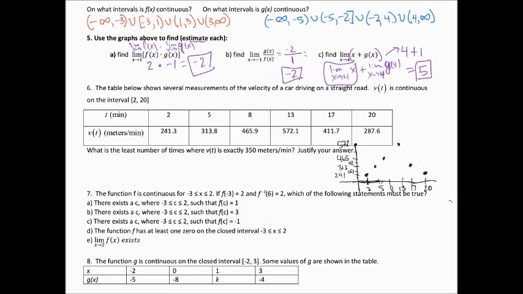Now remember, again, I am connecting these with a curve, because it's continuous. It could go up in between here. I don't have values, but I'm just going to guesstimate that that's what it's going to look like. Well, we want something to be exactly 350 meters. At 350 meters, that's somewhere right there.